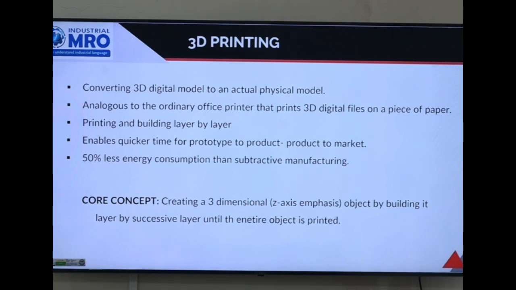Material is fed into the machine and extruded out through the nozzle, and whatever feature you want to create is fed through an STL file, a stereolithographic file, which is the meshed part. Using that mesh geometry, the layer by layer geometry is created on the 3D printer bed platform.